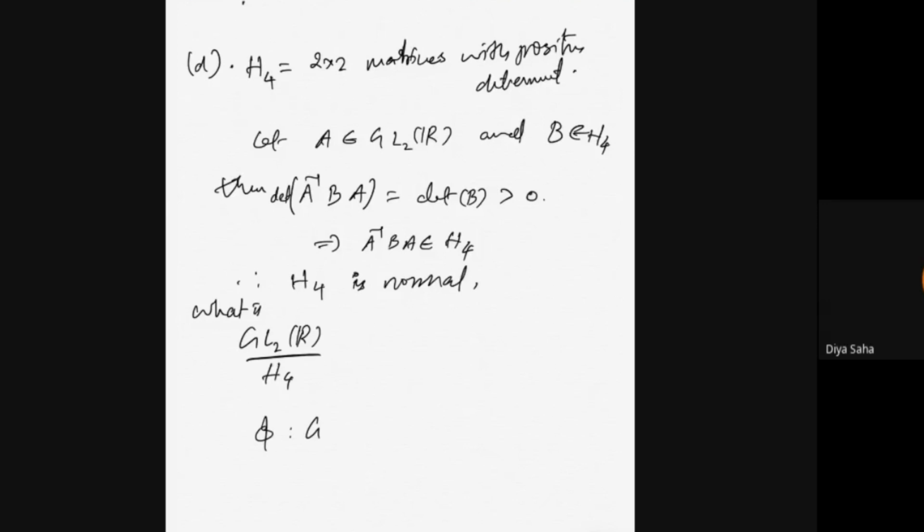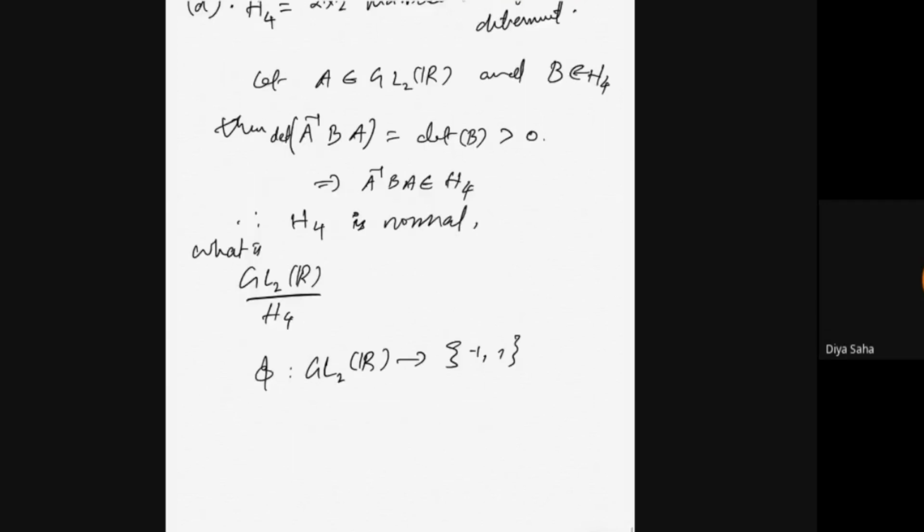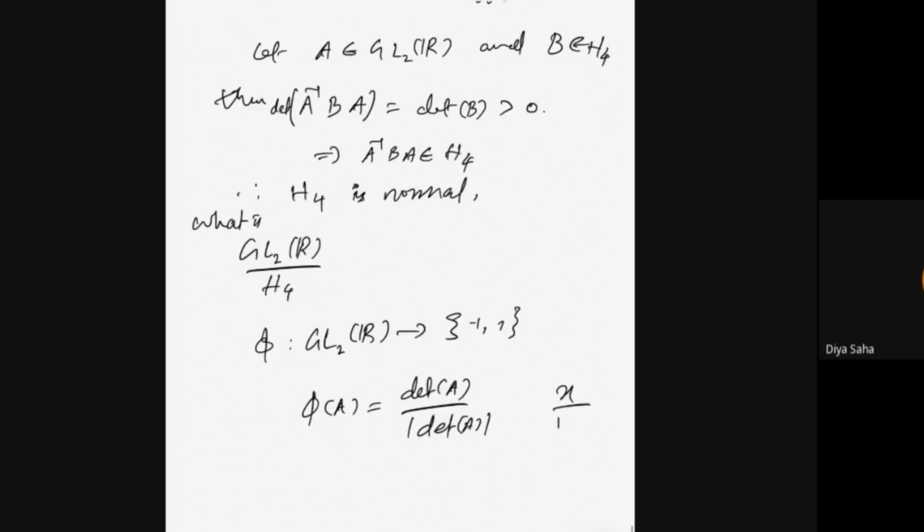Okay, I'll give it to you. You are right. So I'll define phi from GL2R to the group {-1, 1}, so Z2 basically. Phi of A is the determinant of A divided by the modulus of the determinant of A. Look at the function x by mod x.